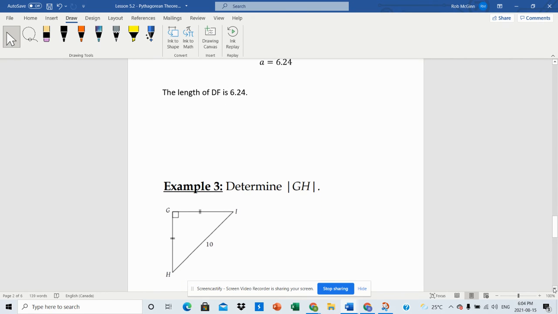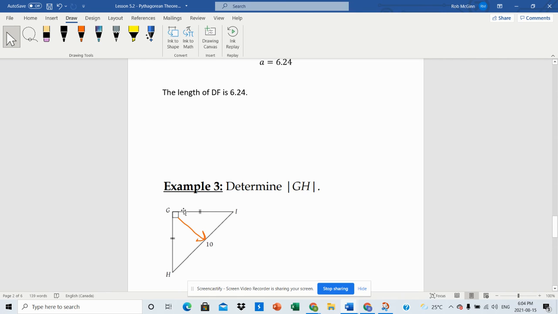But this is an interesting triangle because we have a right angle. Opposite a right angle, we know our hypotenuse. Our hypotenuse is 10, but we don't know either of the other two side lengths. However, we should notice these two lines here and two lines here.